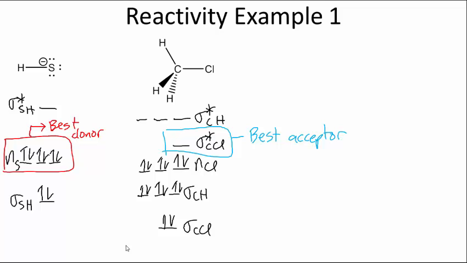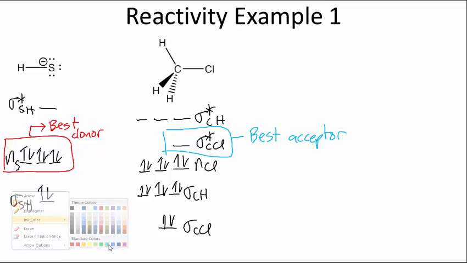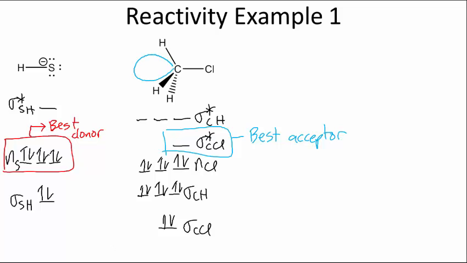It's going to have a lobe over here behind carbon. And it's going to have a lobe over here on the other side of chlorine. And something I pointed out a couple of lectures ago, before break: an antibonding orbital has the bigger lobe on the less electronegative atom.